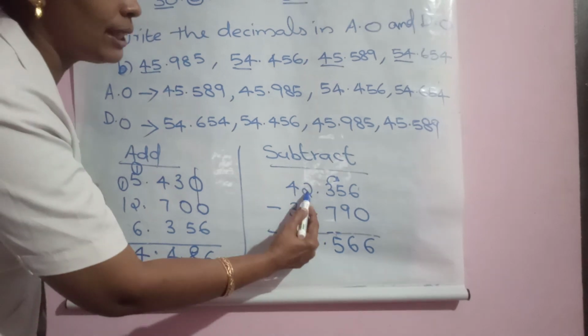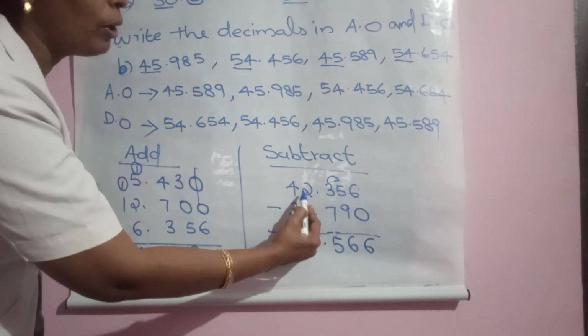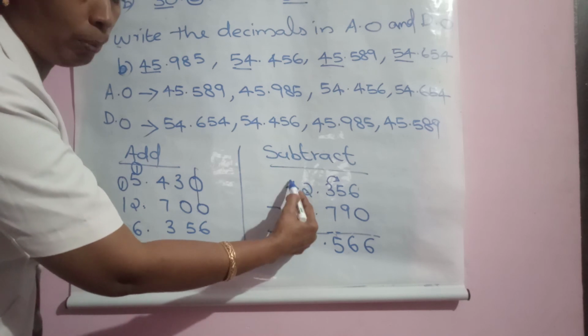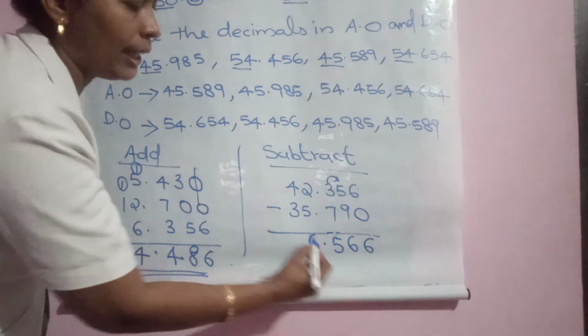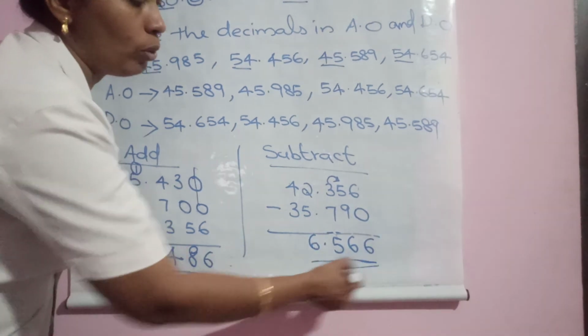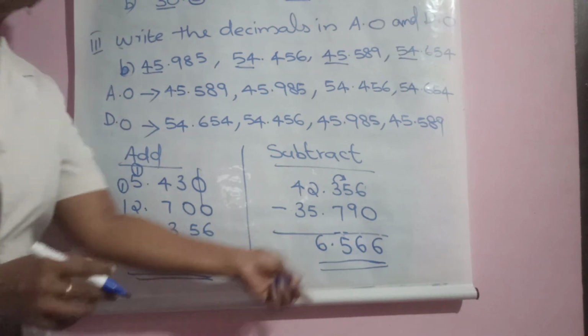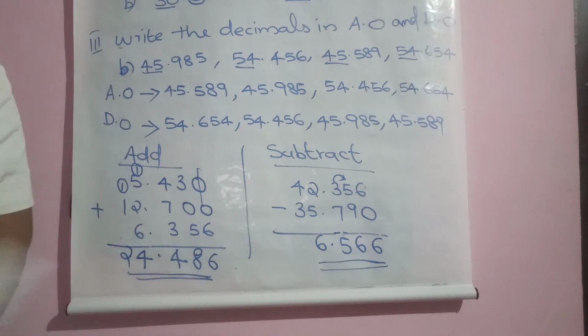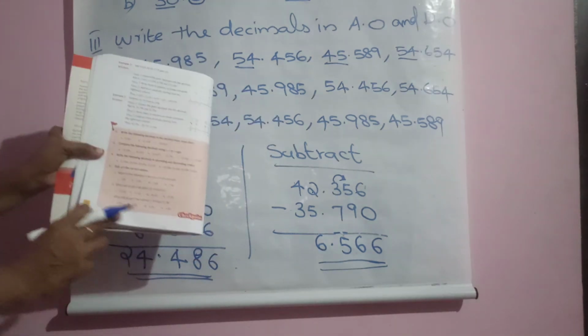Then this number is only 1 now, because we took 1 to this. So borrow 1 from 4. It becomes 11. 11 minus 5 is 6, and we have 0. 3 minus 3 is 0. So the answer is 6.566.